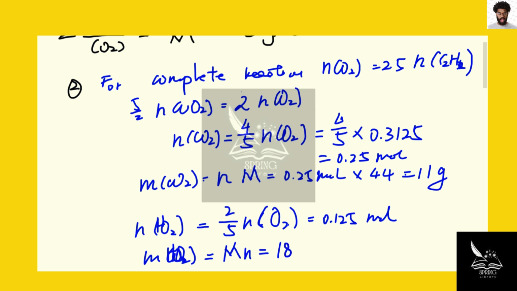So the molar mass of water, 18, times 0.125 equals around 2.25 grams.